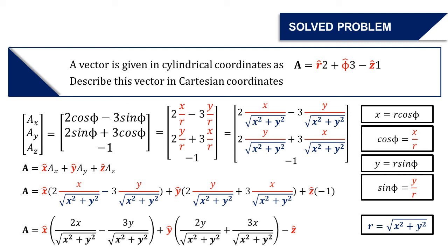Ang ginawa ko lang is, inangat ko itong 2, inangat ko yung 3. And then, sa z, negative 1. Okay. So, more or less, we are now describing this vector earlier in cylindrical coordinates, pero ngayon, nasa Cartesian na siya kasi wala na yung mga r and phi.